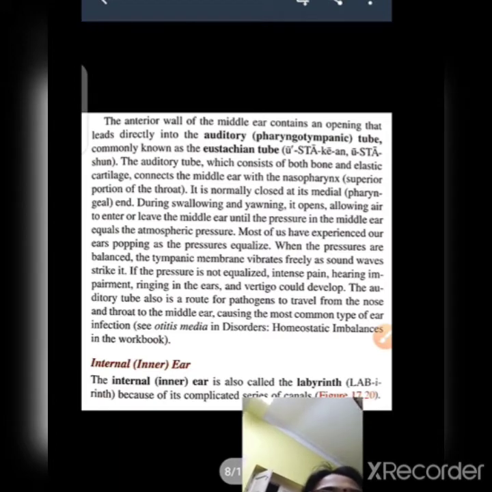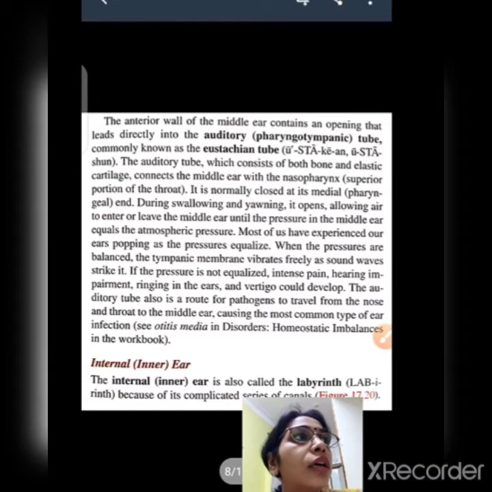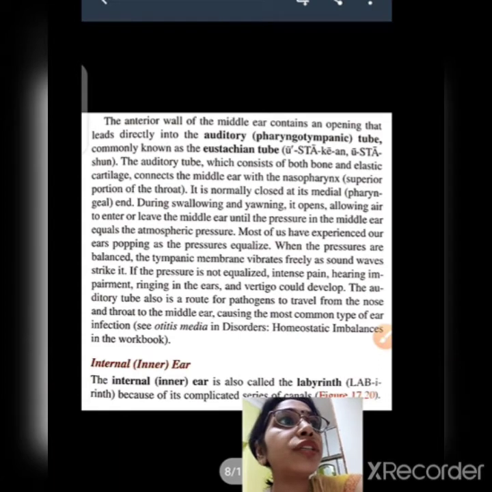It is normally closed at its pharyngeal end. During swallowing and yawning, it opens, allowing air to enter and leave the middle ear until the pressure in the middle ear equals the atmospheric pressure.